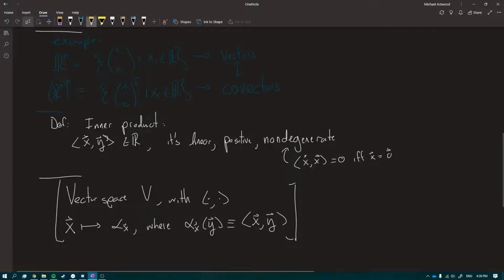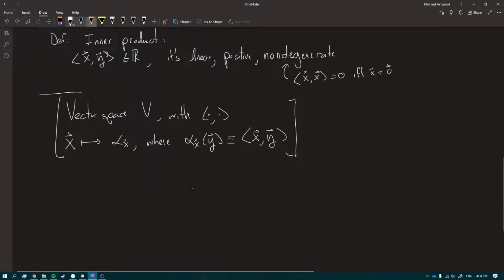For example, if you have Cn, then Cn's corresponding inner product is going to be x conjugate transpose times y, in which case now our correspondence becomes x maps to x conjugate transpose instead of just x transpose.